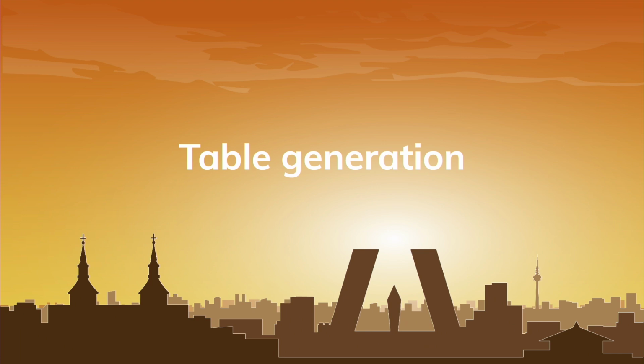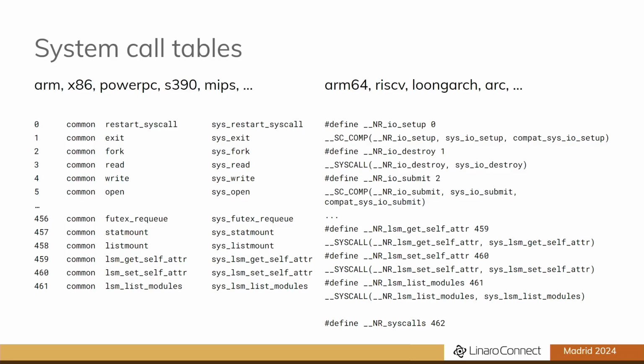So let's look at the table generation first. We have two kinds of tables. In work that I did together with Firoz Khan here in Linaro, like 7 years ago, we converted most of the architectures, so 13 of the still remaining ones, to a table format that looks like this.